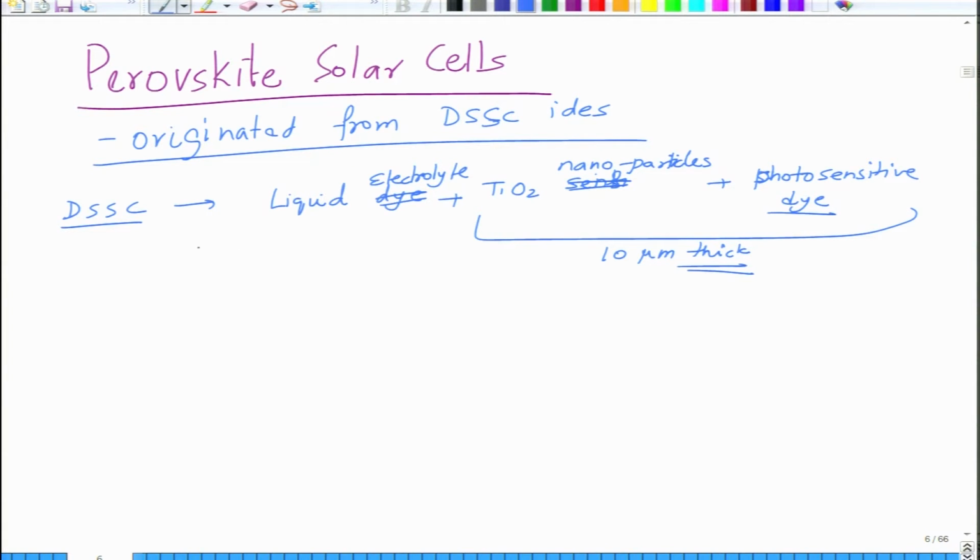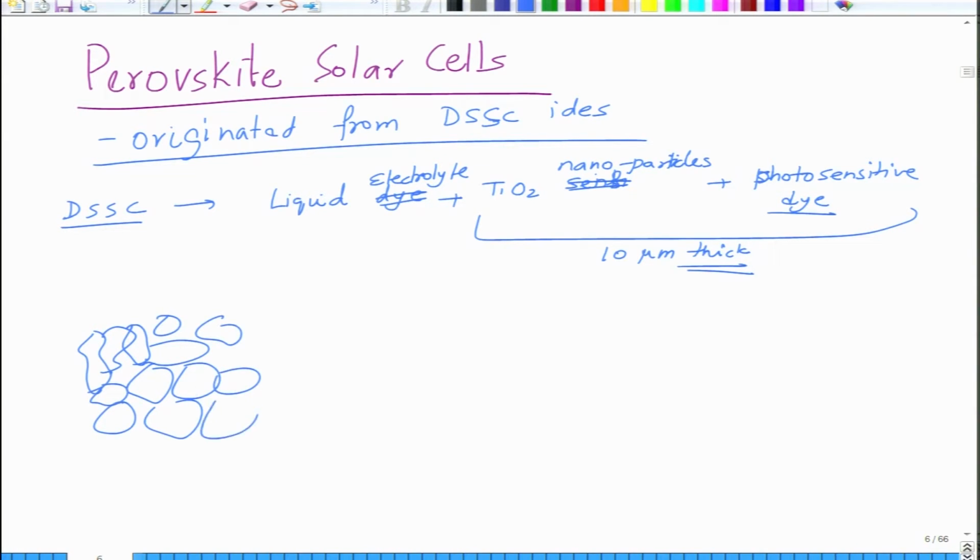So, you made a sort of nanostructure like this, an interconnected nanostructure, and it had dye in contact with it, and the electrolyte also got impregnated into this.